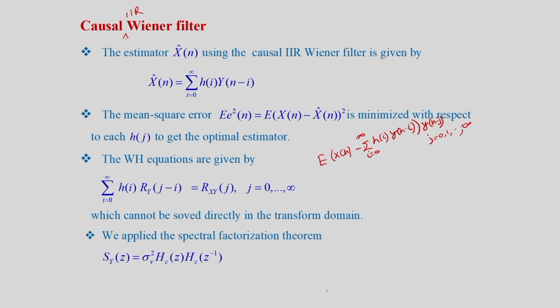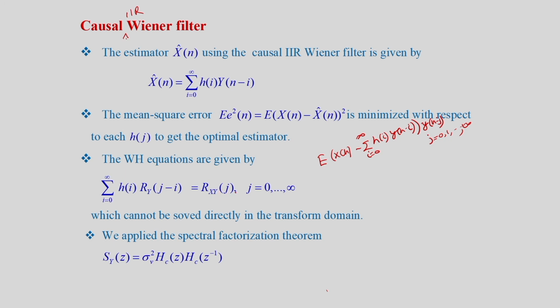So, that way we will get the first term r_xy(j), and then the remaining term will be summation over i from 0 to infinity of h(i) r_y(j minus i). So, summation h(i) r_y(j minus i), i going from 0 to infinity, is equal to r_xy(j). This is the Wiener-Hopf equation corresponding to the causal IIR Wiener filter.